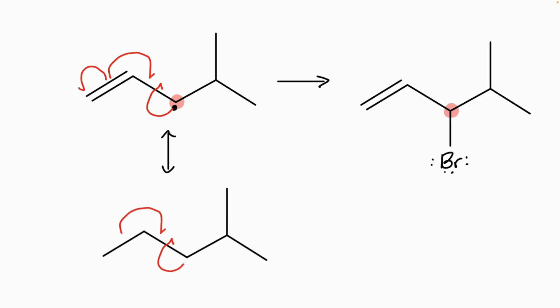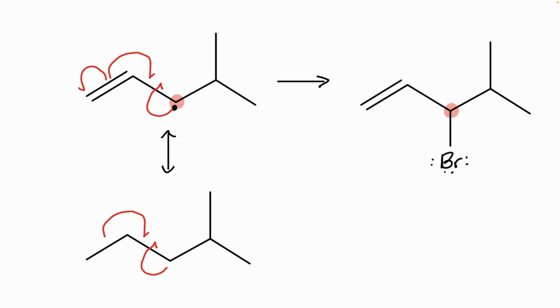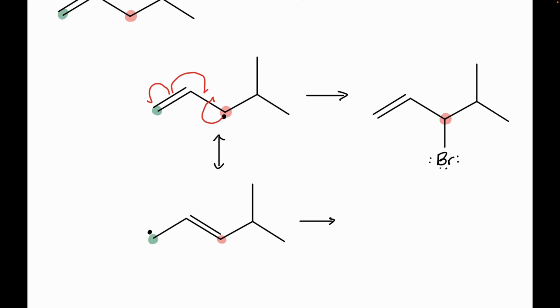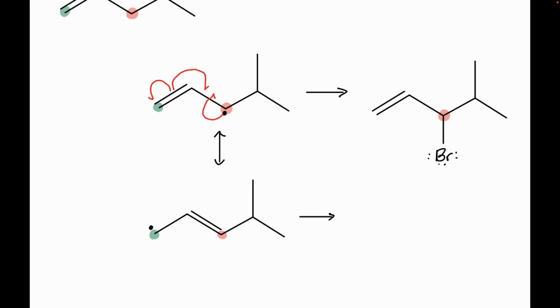All right, so if I'm going to draw my new positions here, let me get rid of these. My carbon-carbon bond is now over here, and my free radical is on the end here. All right, so what we see is our double bond and our free radical kind of swapping positions here. All right, so that last product, just to keep these carbons color-coded so we can see, that last product here would have our bromine all the way at the end.